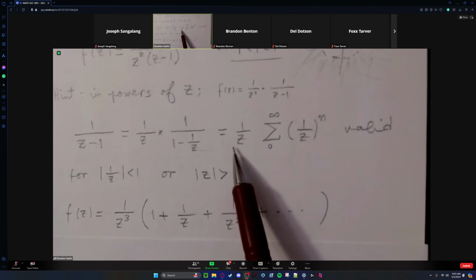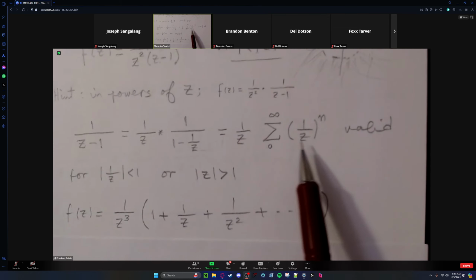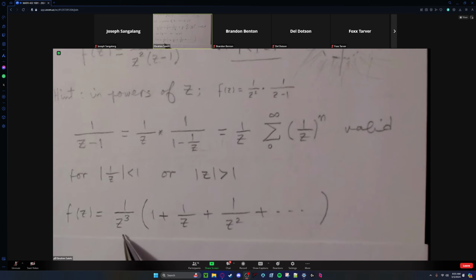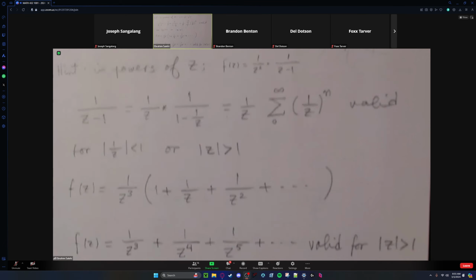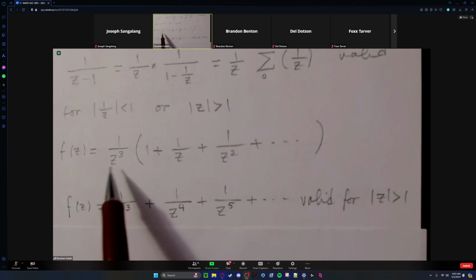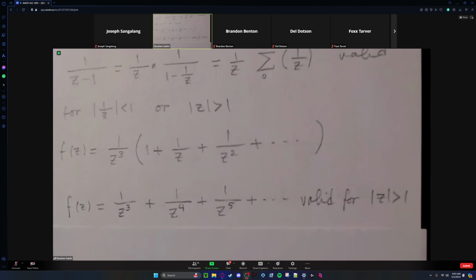So you multiply this by 1 over z squared, you get this. Now this is the Laurent series of this function, which is valid whenever modulus of z is bigger than 1. Okay, so here, I multiplied it out.